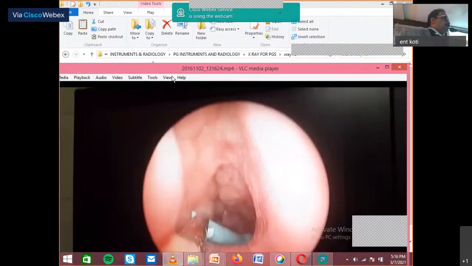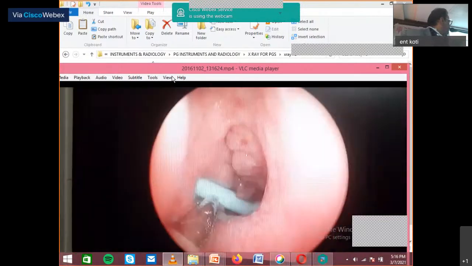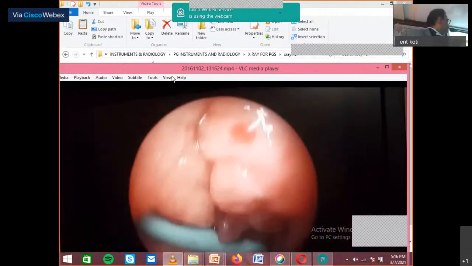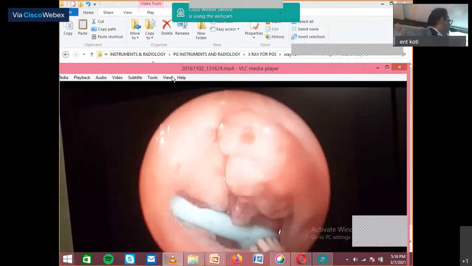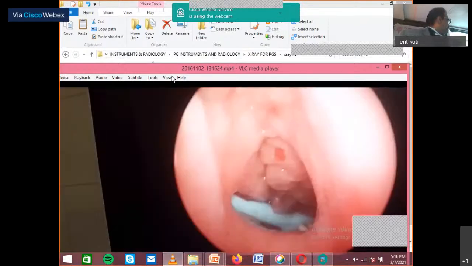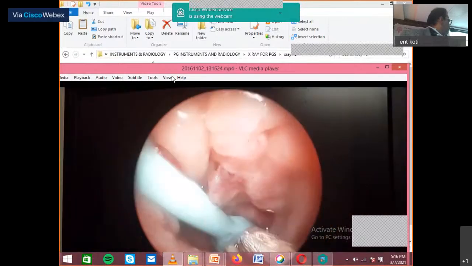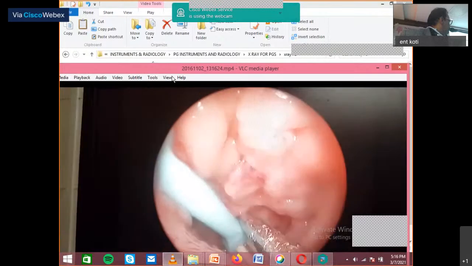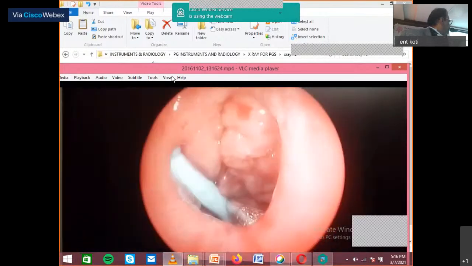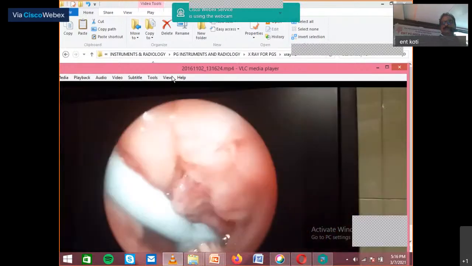Then we again have to disinfect, then push it. It's not easy. I see that it is going into the eustachian tube. It's not easy. From the other side, the suction is introduced, then by gently pushing it down slowly and up, you could remove it.